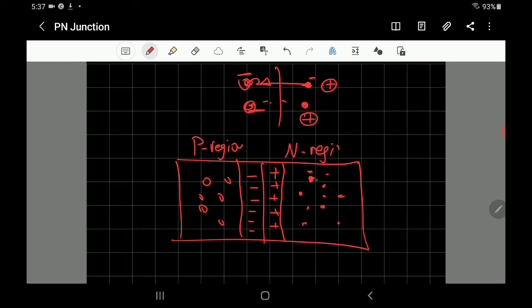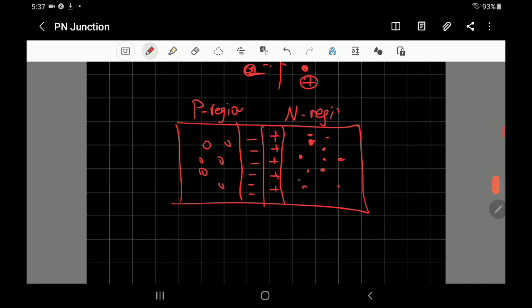So it will prevent any more electrons from crossing, and no current will flow. This works like a barrier that does not allow any more free electrons to cross this region. And this voltage built up by this region, they call it the barrier potential.